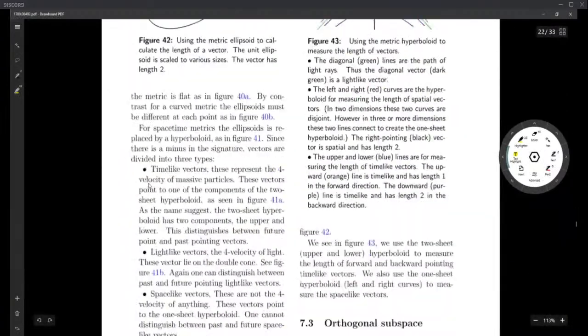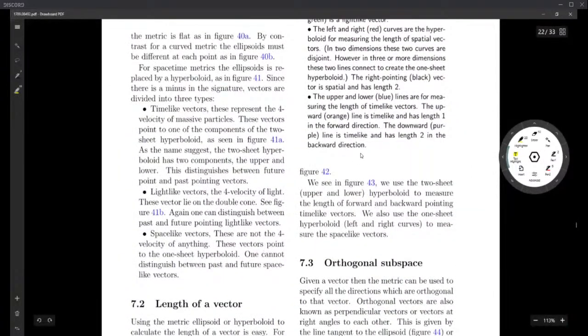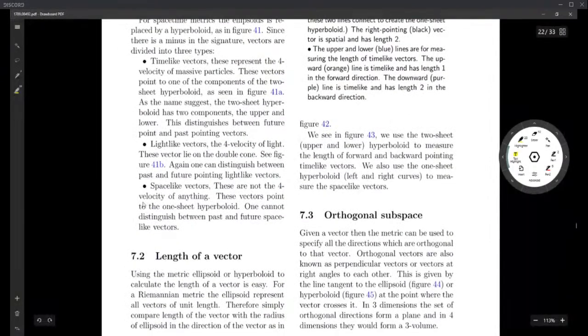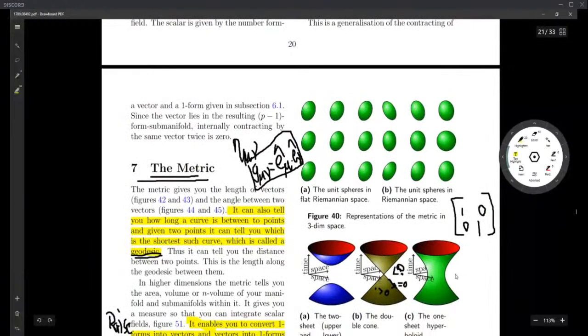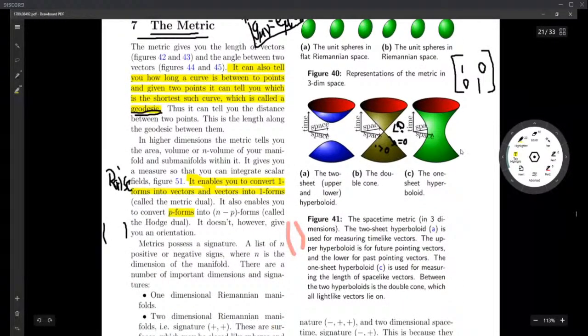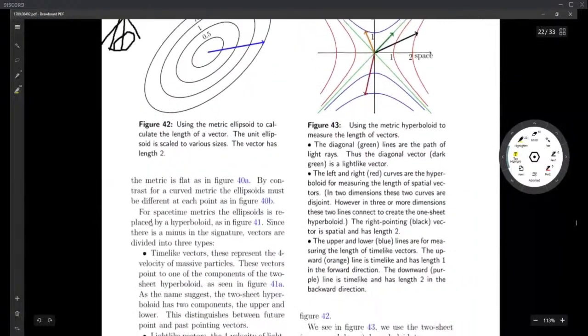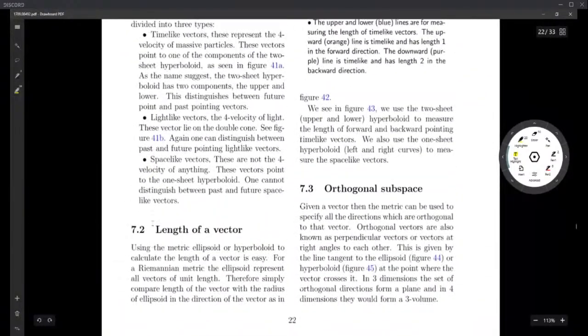And for space-like vectors, they're not the four-velocity of anything because they lie outside the light cone, and that's kind of illegal because that's the speed at which causation can occur, right? So you cannot exactly distinguish between space-like vectors. That's essentially because they do not obey the laws of causality that electromagnetism, or rather special relativity, imposes on us.